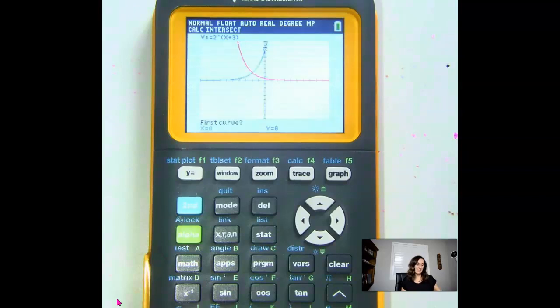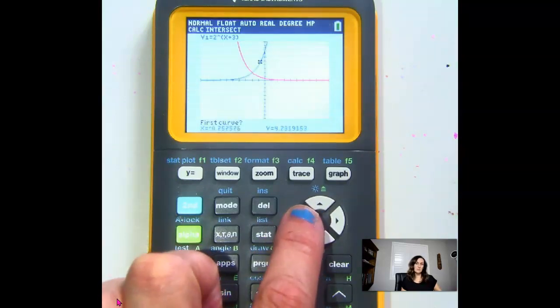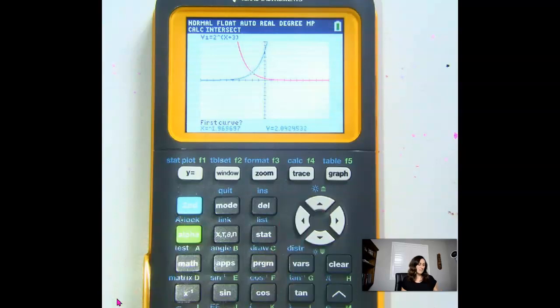You can arrow closer to the intersection if you want, but basically it's somewhere right there. So enter for the first curve, that's the blue curve, enter for the second curve, that's the red curve, and then enter again for your guess. And it tells me that my intersection is when x equals -2.